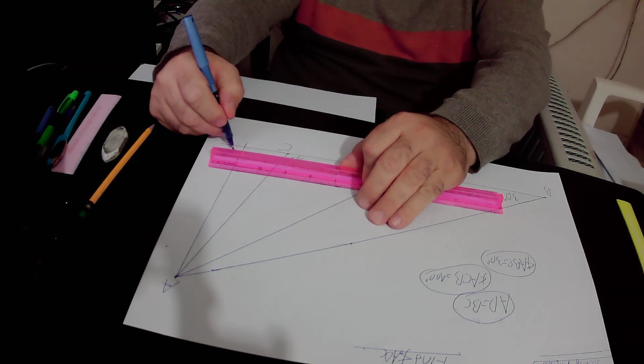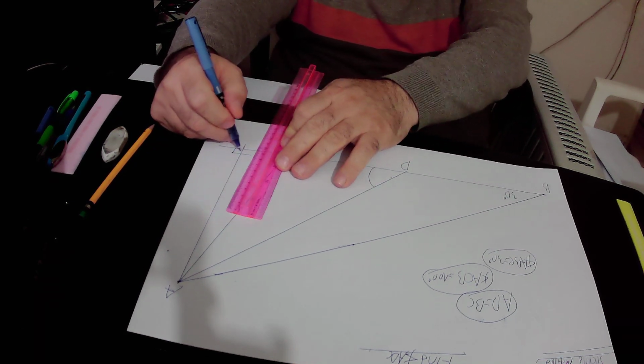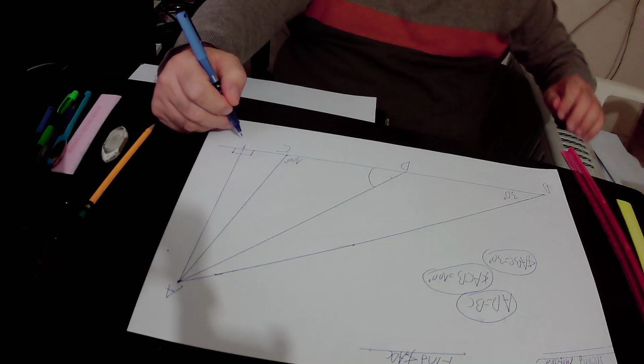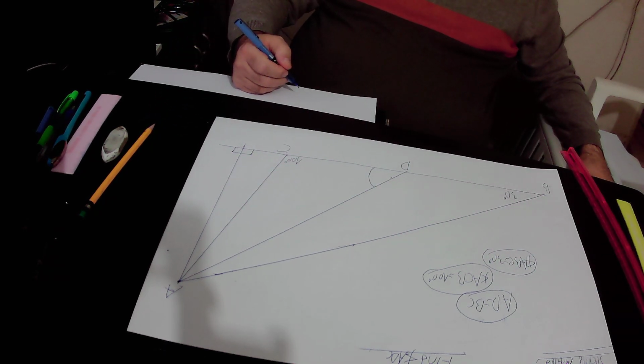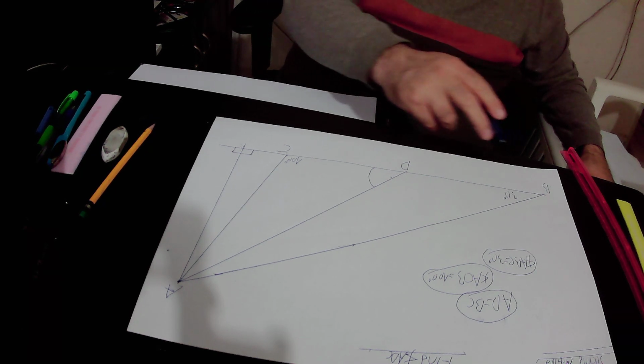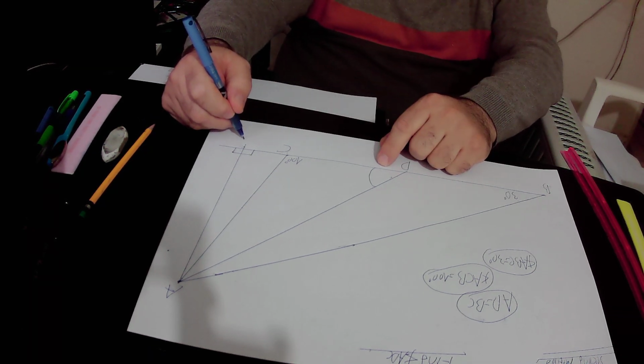So this angle is a right angle, it equals 90 degrees, and this angle will also be a right angle. We will define the intersection point between the perpendicular from point A and the extended BC as point E.